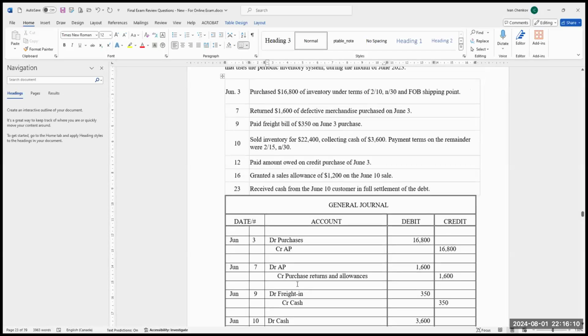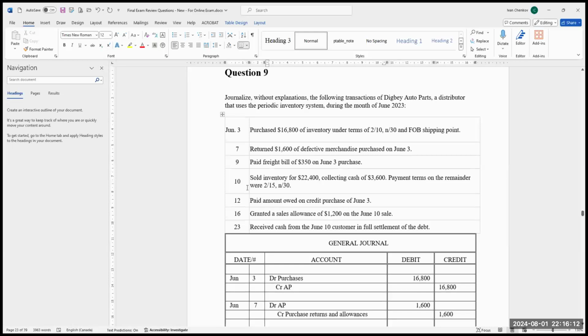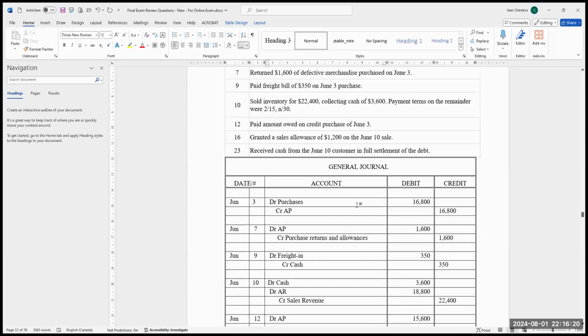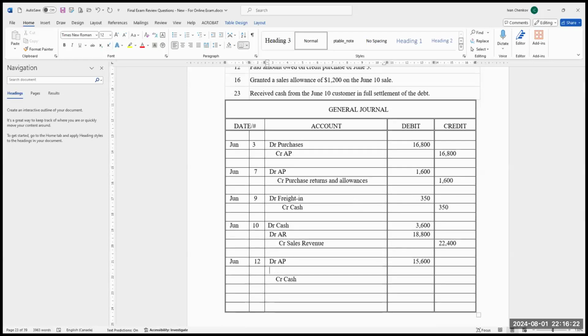Since we're closing it within 10 days, on the 3rd and 12th, on the 9th day of the purchase, we can take the 2% discount. 2% discount on the 15,600 will be $312. So we don't have to pay $312. So how much are we going to pay?